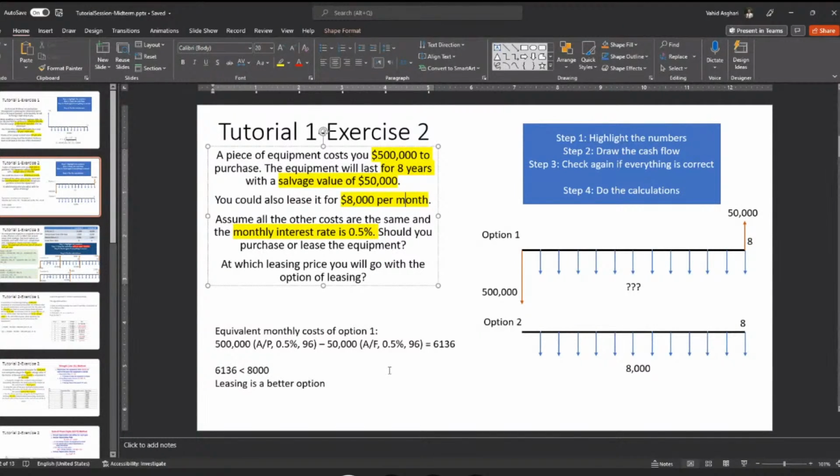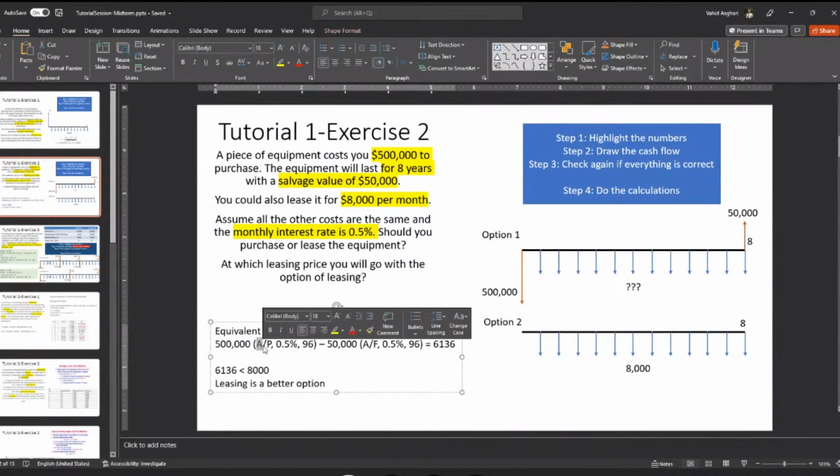So if we do that, we need to convert the present value of $500,000 with the function to its equivalent per month. Yeah, I know it's annum, but here A means month. And with 96 periods, this is the rate of return or interest rate. And at the end, $50,000 will be paid to us.